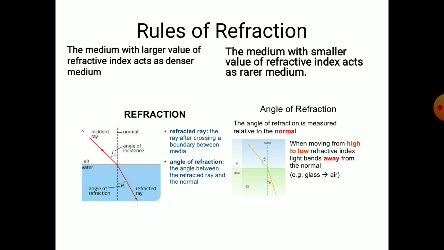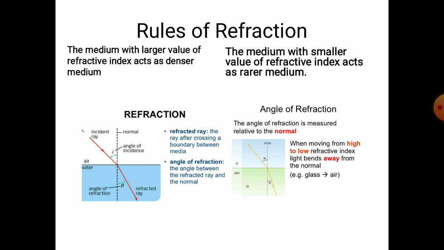When the ray of light traveling from a rarer medium enters into a denser medium, it bends towards the normal. The speed of light will decrease. The angle of refraction will be less than the angle of incidence.